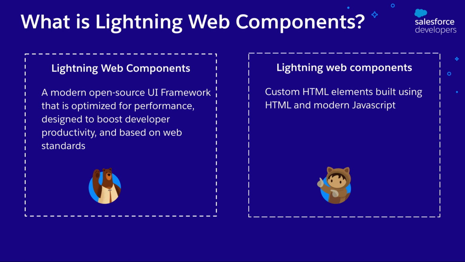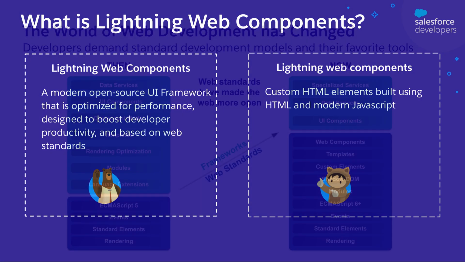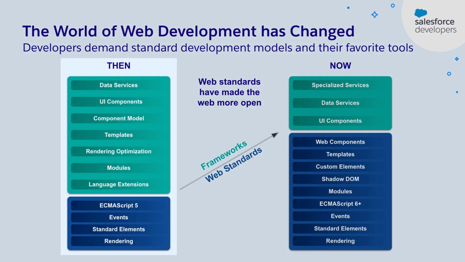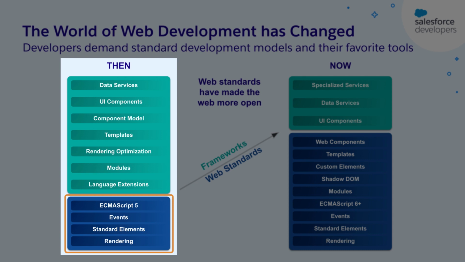To understand LWC even better, let's rewind the clock and check how the world of web development has changed over the years. In the early 2010s, there was a lack of standards as illustrated in the blue compartment. The frameworks were created by implementing a lot of custom functionality to build the components, here shown in green color.